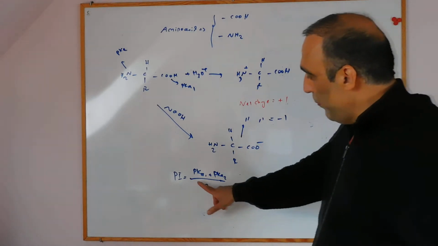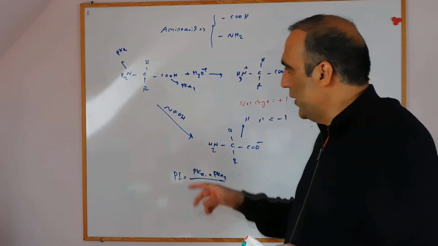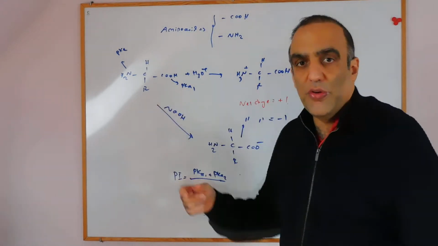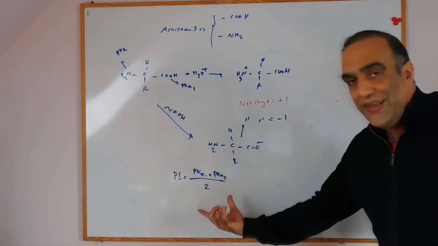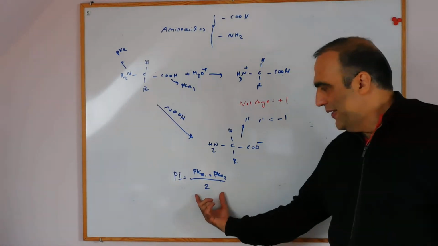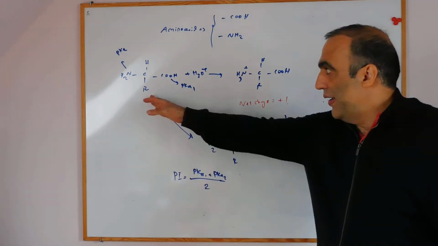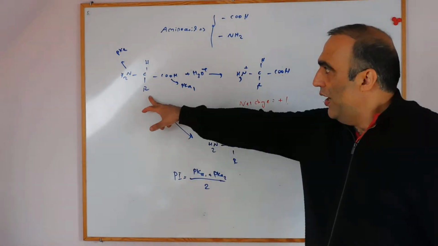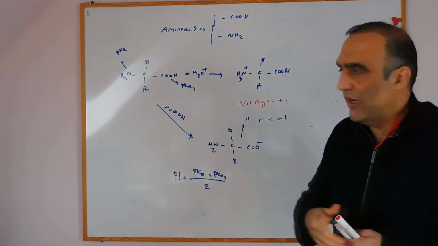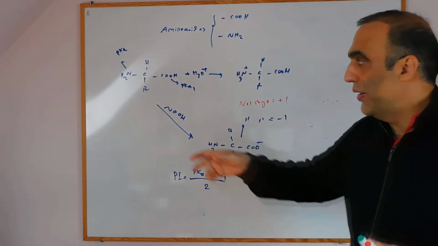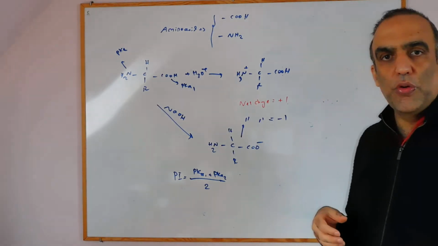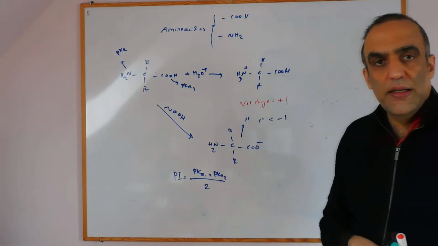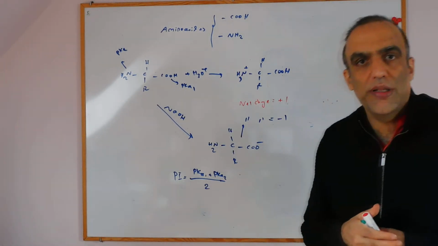Okay? Also pKa1 and pKa2 can be affected by the R group. Directly we don't see the R effect in the formula, but because the R group can affect the acidity of the carboxylic acid or the basicity of the amine group, the isoelectric point can be changed.